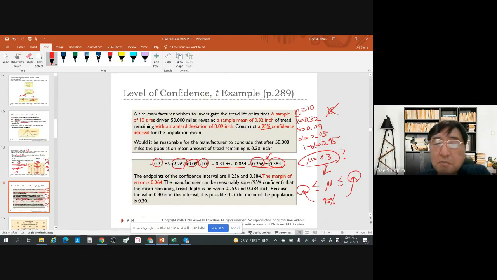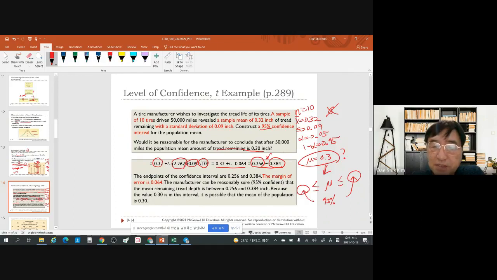So probably the answer to the question is, yes, mu could be 0.3 inches. Mu could be 0.3 at the 95% confidence level. It may not be. The probability that 0.3 is not the population mean is 5%. The probability that mu is 0.3 is 95% sure.